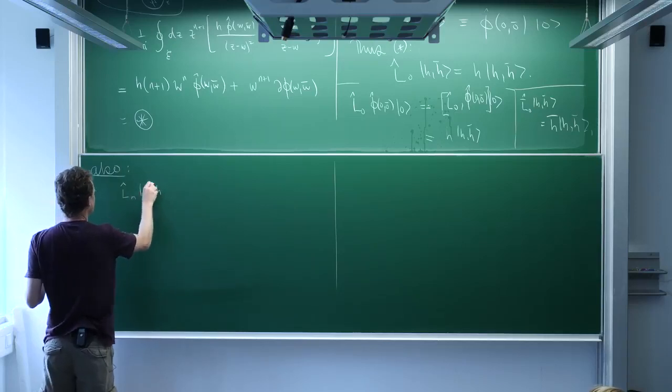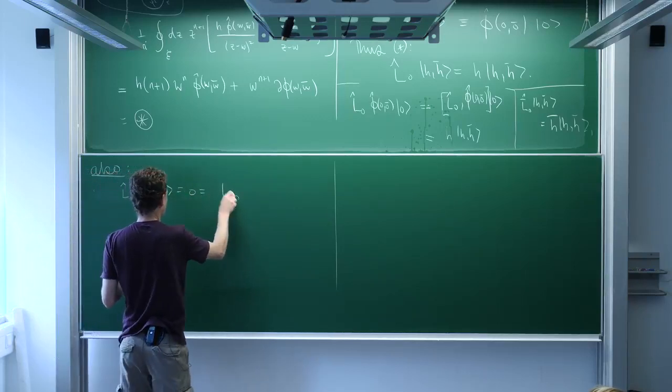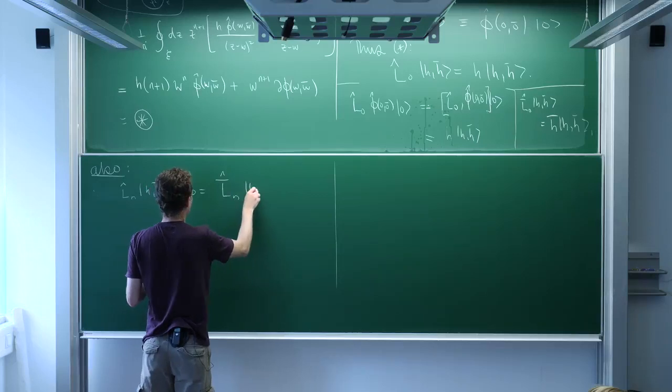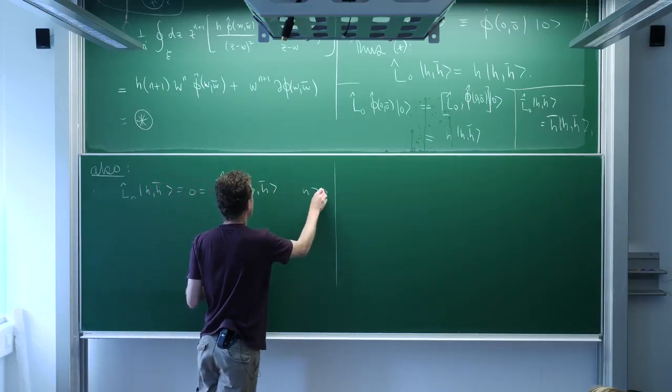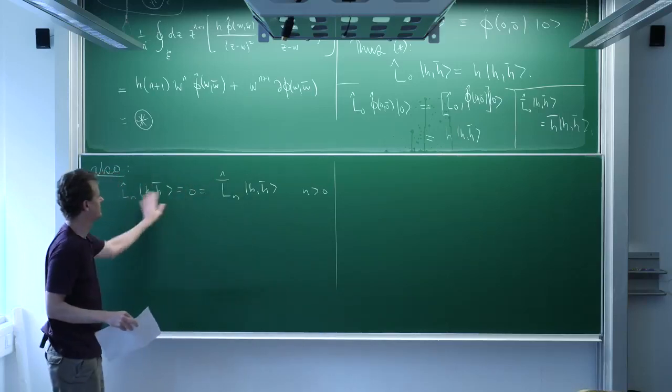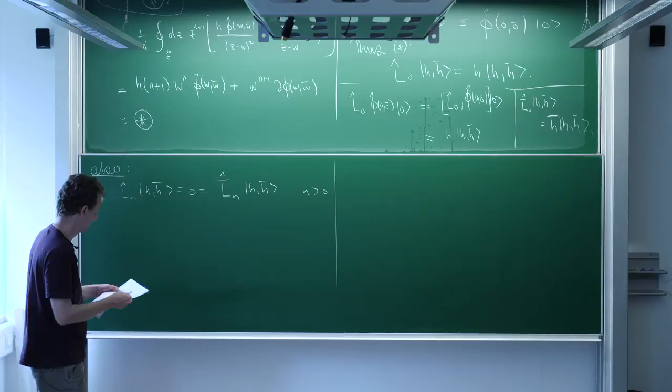Before discussing that, I'll just point out a simple consequence of this commutation relation. As long as n is bigger than 0, the Ln's applied to these states here are actually 0.